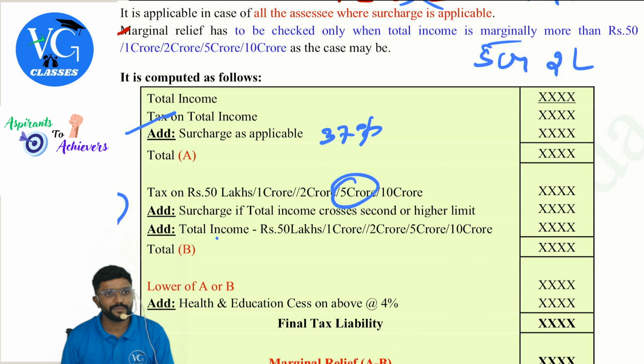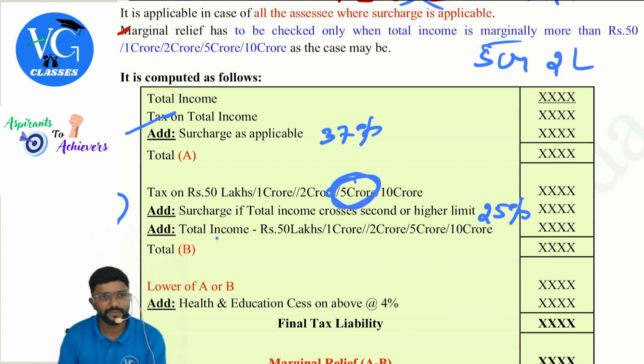Then, if total income is exactly 5 crore, is surcharge applicable? Yes. At what rate? 25%. Sorry, I am following the optional regime, because this 37% and all will come under optional, not default. Yes, 25% is the rate if your total income is exactly 5 crore, that is more than 2 crore up to 5 crore. Then here it would be 2 lakh: 5 crore 2 lakh minus 5 crore.